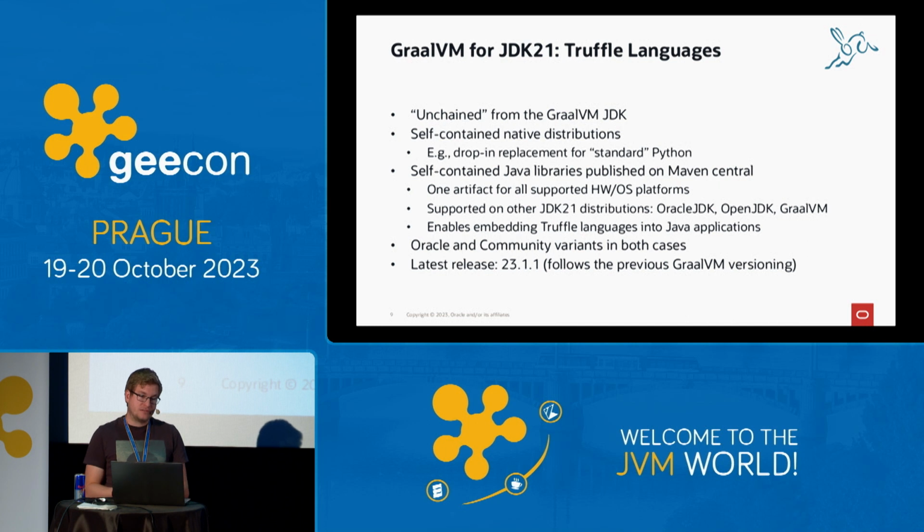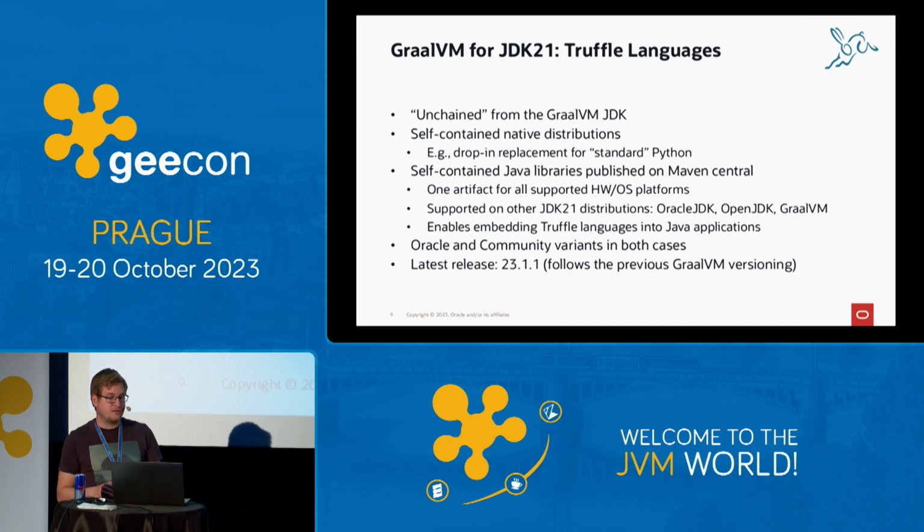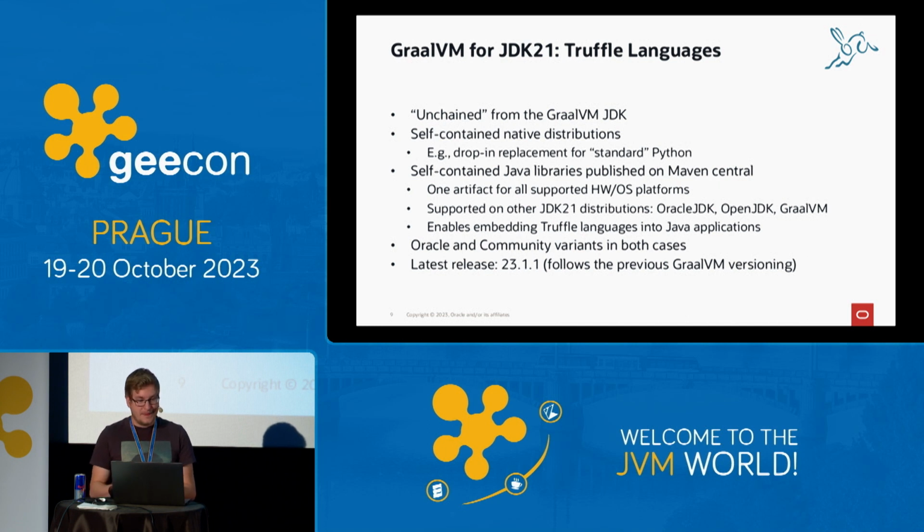Either you can download a self-contained native distribution of that language, so that would work as kind of a drop-in replacement for the standard implementation of the language. So you can download a standalone self-contained GraalPy distribution. That would be an archive. You uncompress it on your disk, and you can use it as a Python. The other distribution channel is Maven Central. So we package those languages into Maven Central artifacts.